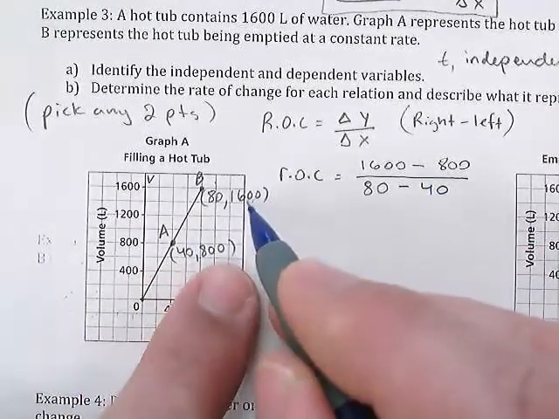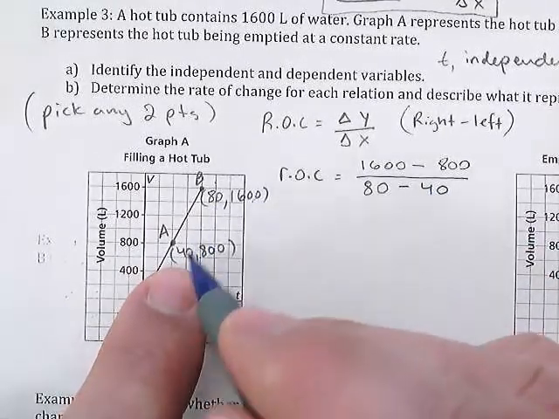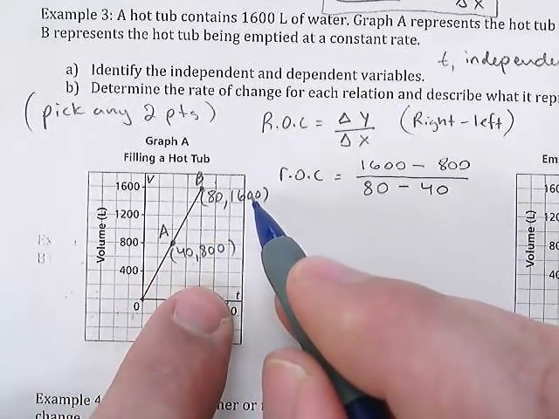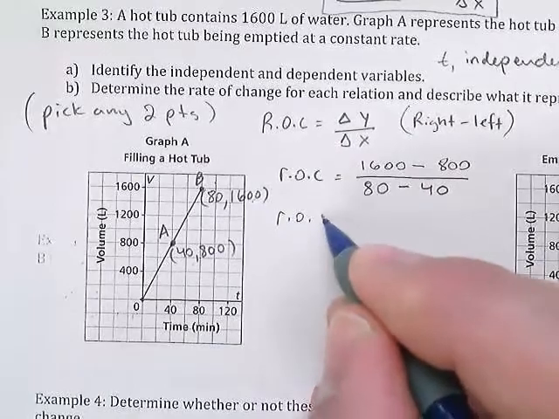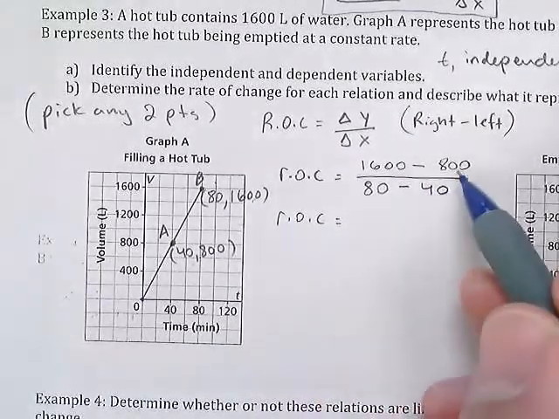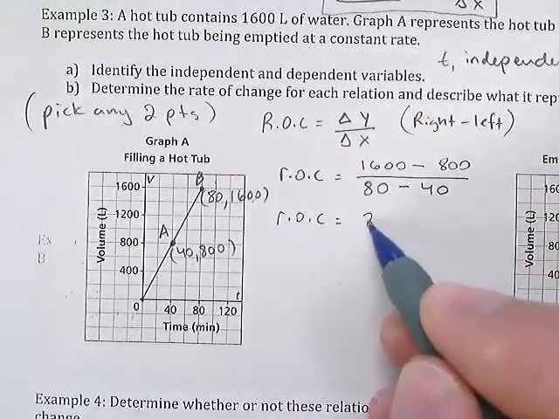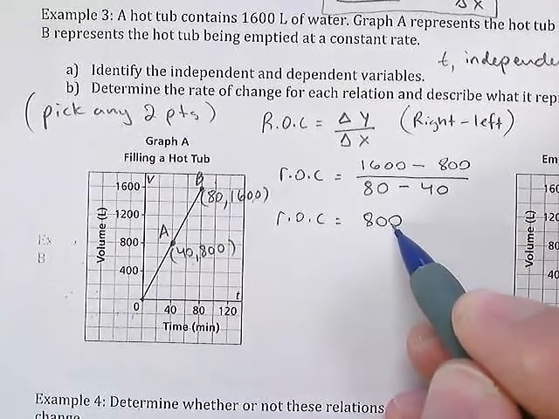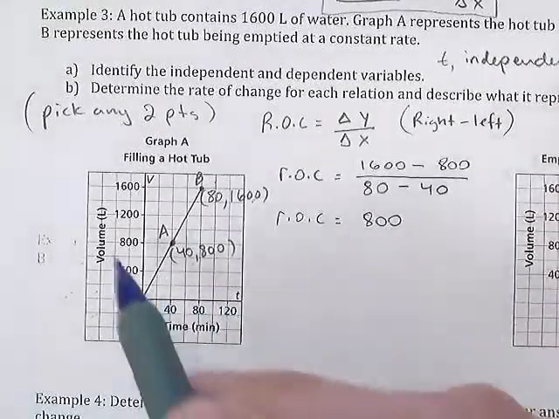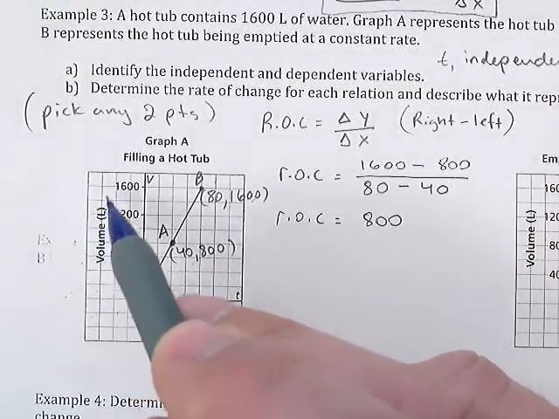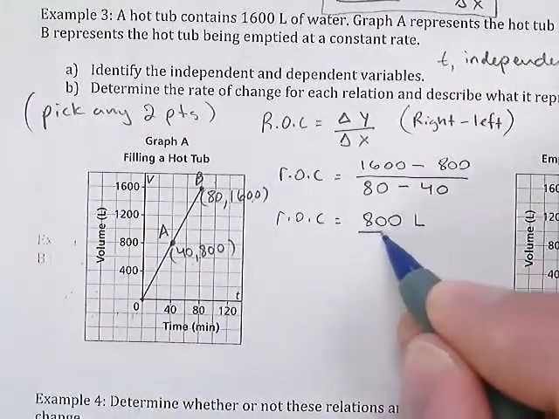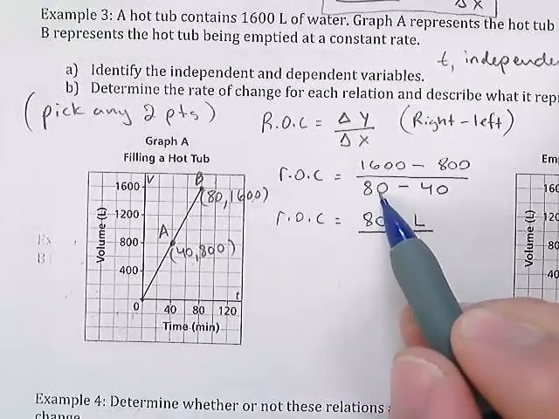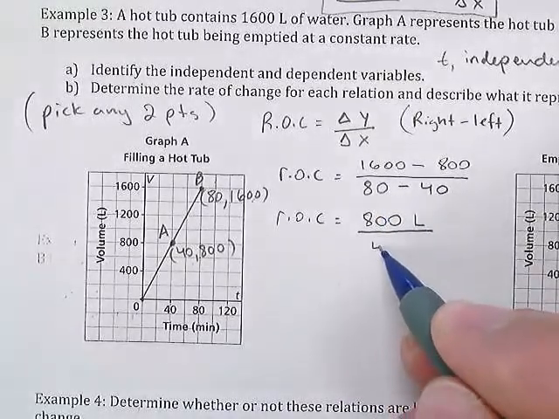So we're subtracting the y values and we're subtracting the x values, but always taking the right first, then the left. So rate of change is going to be 800. And what is that 800? What are we dealing with? We're dealing with liters in the dependent variable. So you have to include the units there. Rate of change here, 80 minus 40, that's obviously 40.